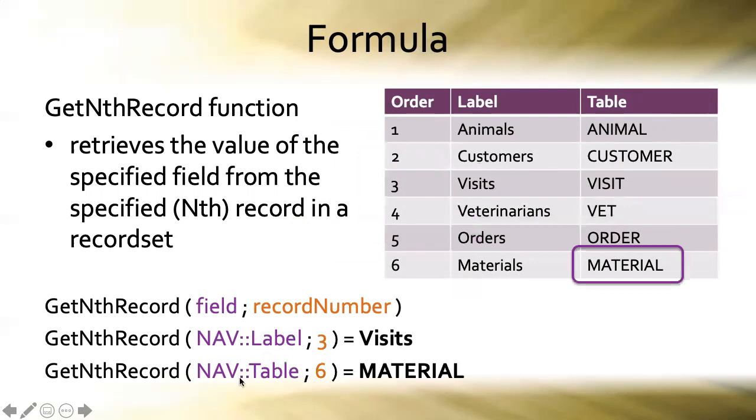Likewise, if we said, go and grab the value out of the table field from record number 6, it would bring back material. And then we can use those bits of information in our script that will go to a particular layout, because we've named our layouts in such a way that they use those table names in the layout name itself.